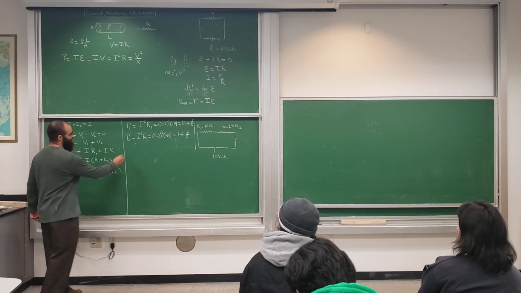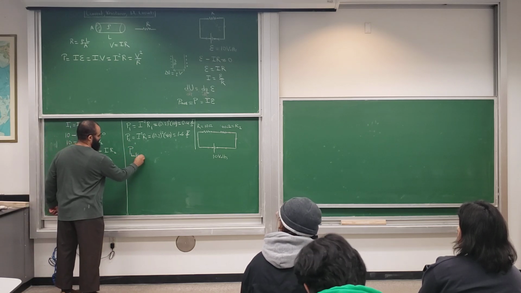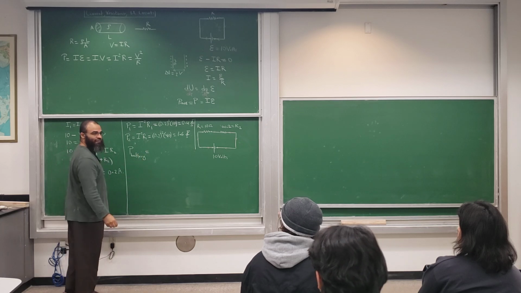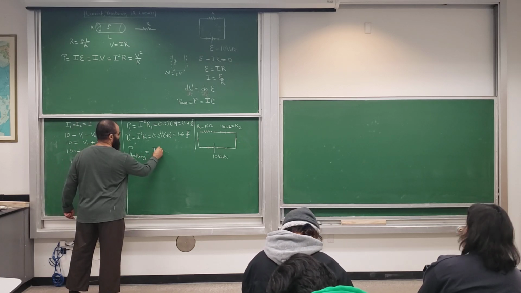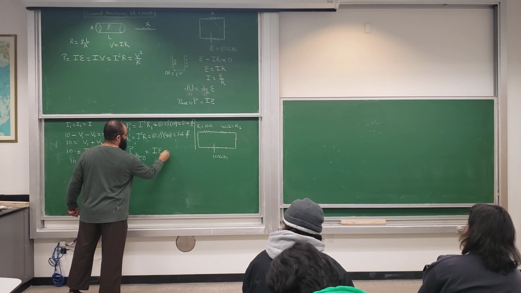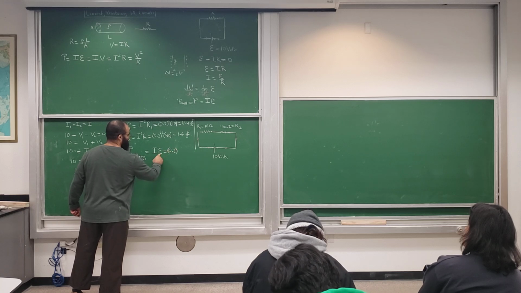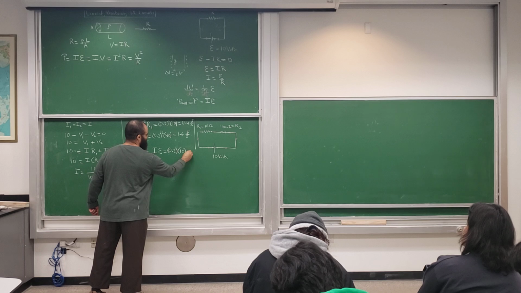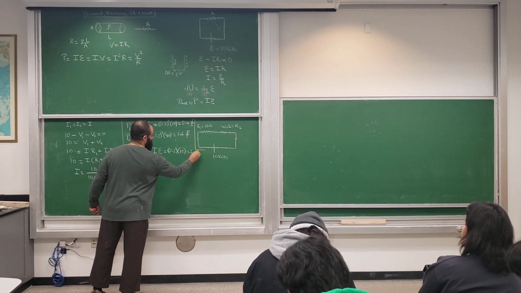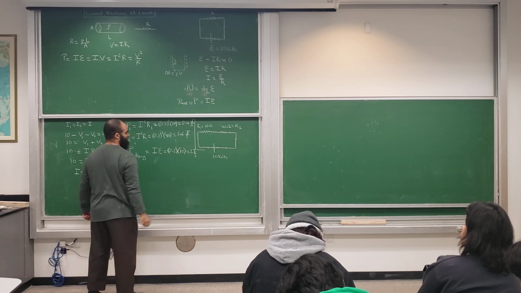So what's the power provided by the battery? VI, the EMF times the current. So I get 0.2 times 10, which is 2 joules per second. Is the total 2? Yes.